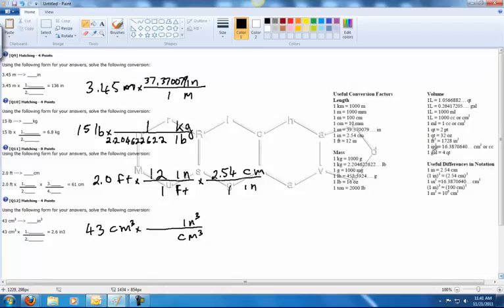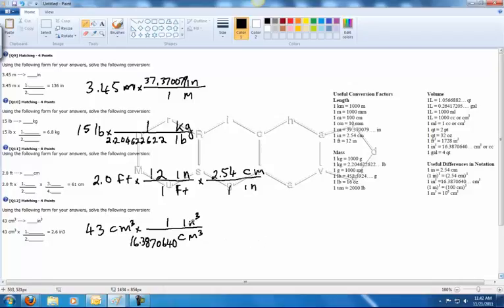Here it is. 1 cubic inch is equal to that many cubic centimeters. So 1 cubic inch is equal to 16.3870640 cubic centimeters. And again, we have to include the whole number, but since this only has 2 significant figures, our answer is only going to have 2 significant figures.